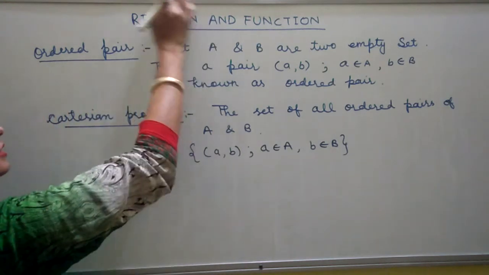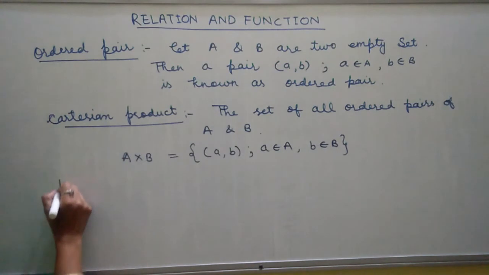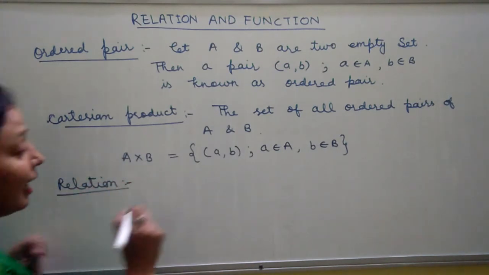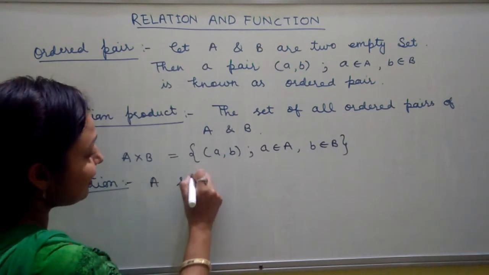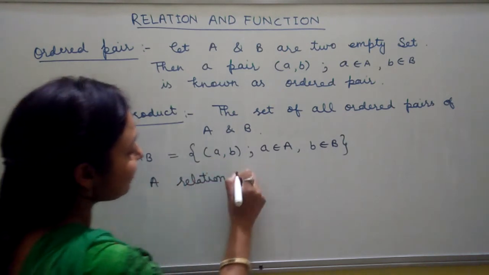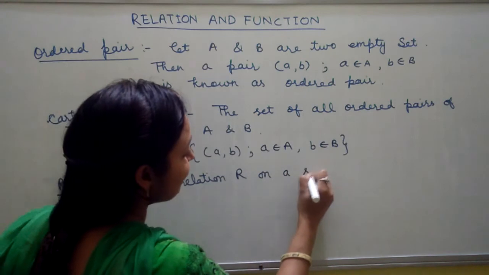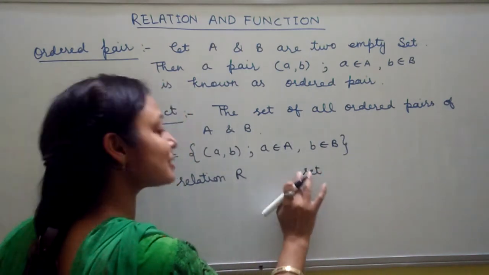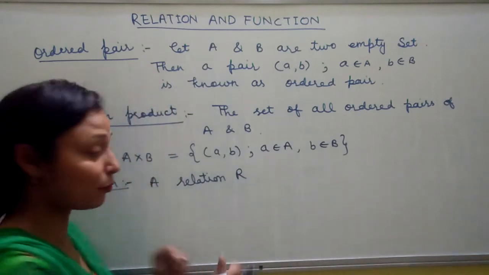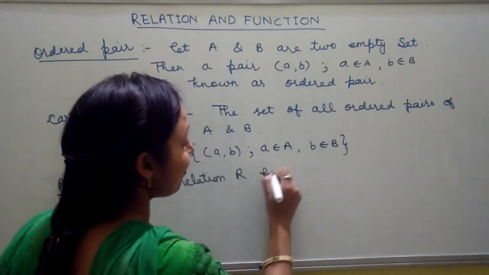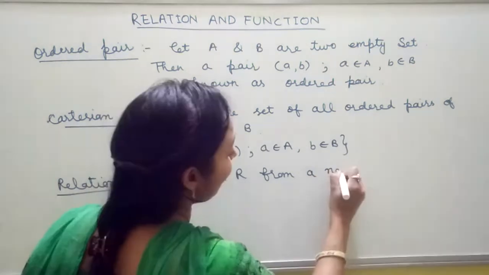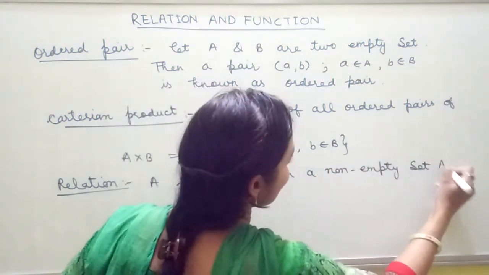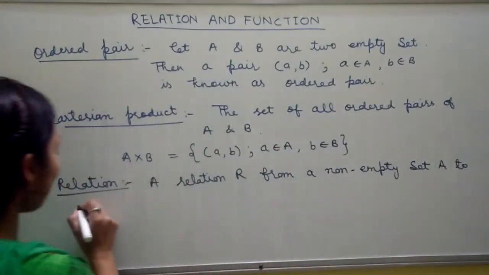What is the definition of relation? A relation from a non-empty set A to a non-empty set B is a subset of the Cartesian product A cross B. We will not define it on one set, we will define it on two sets.